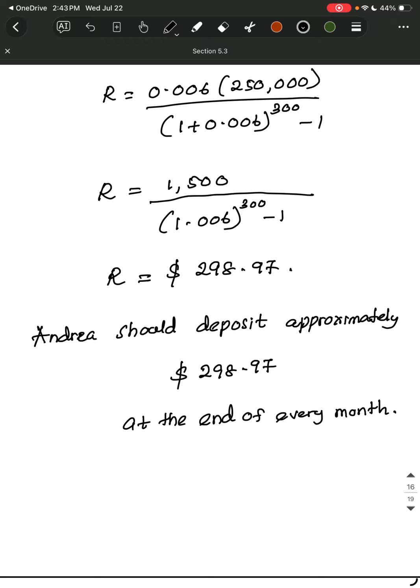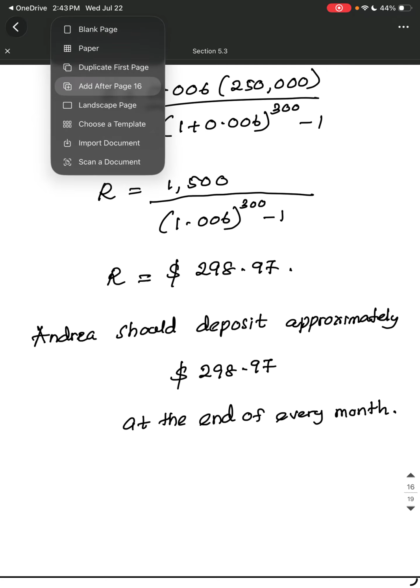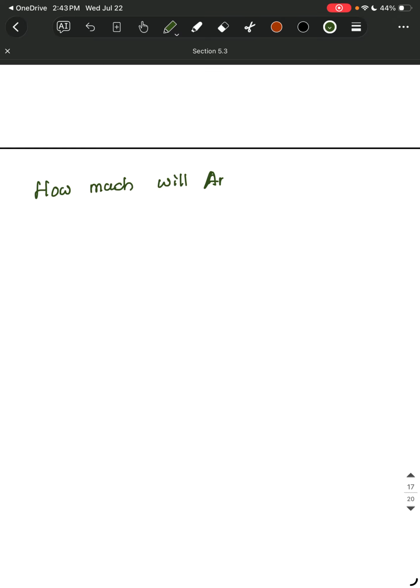Okay, let's see the interpretation again. How much will Andrea personally deposit over 25 years?